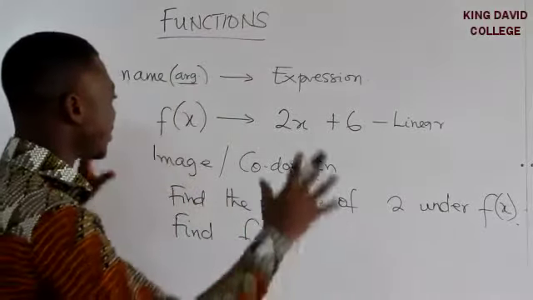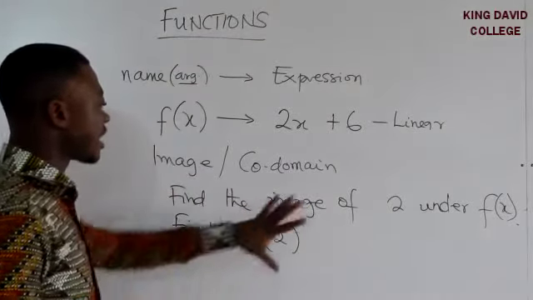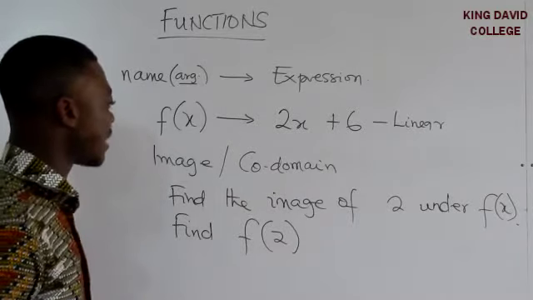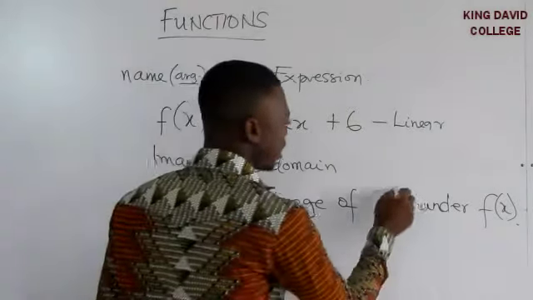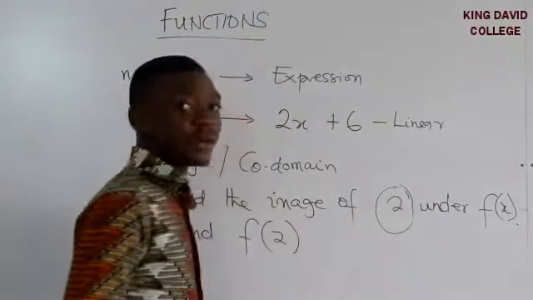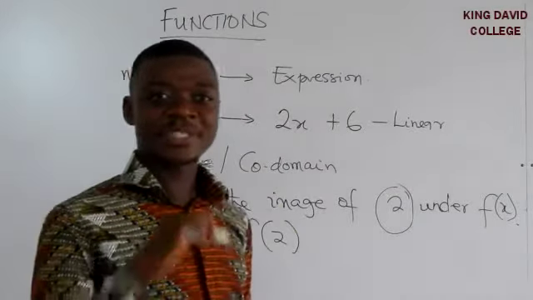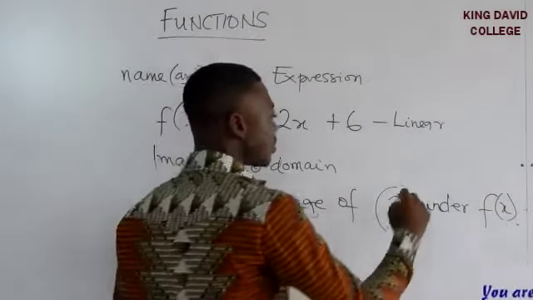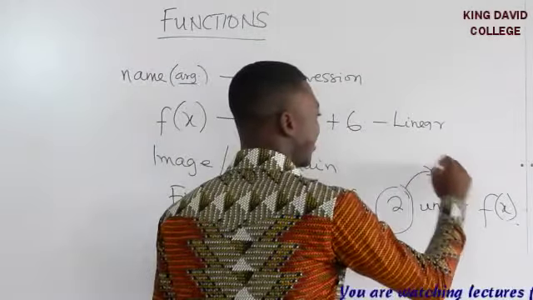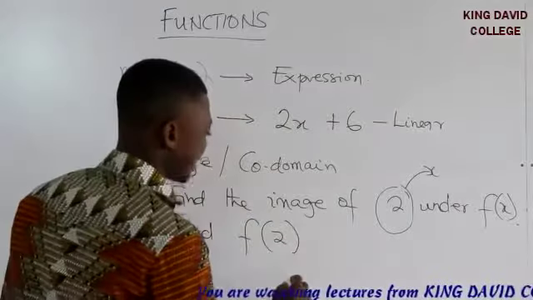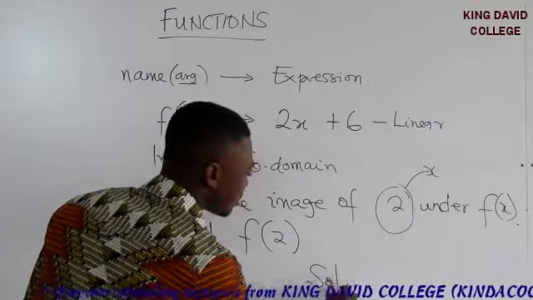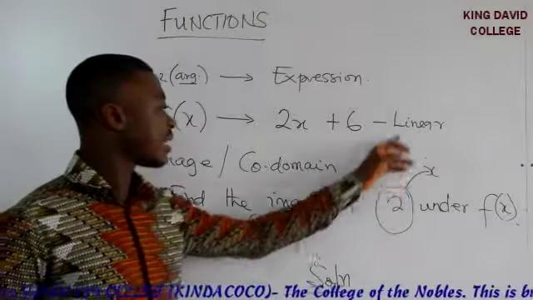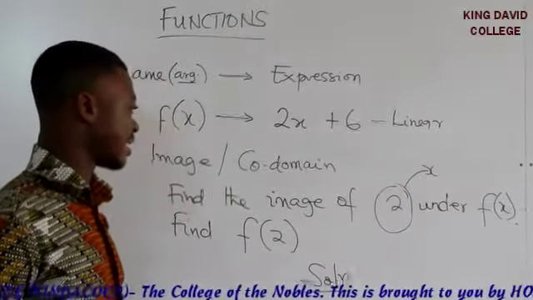So with this very one here, if you are given this situation, all you need to do is that the value they are giving you in the question becomes your input to the function. So this value 2 now represents our x. So let's do the solution. This value 2 here represents our x.